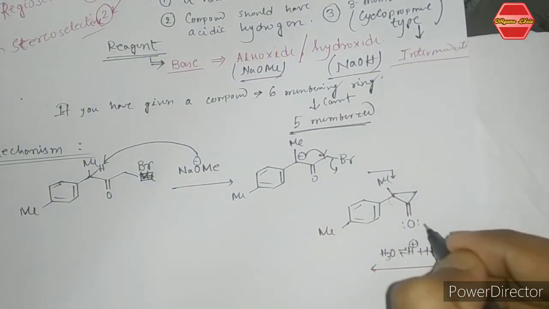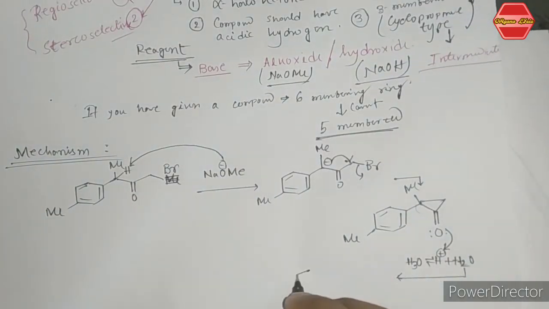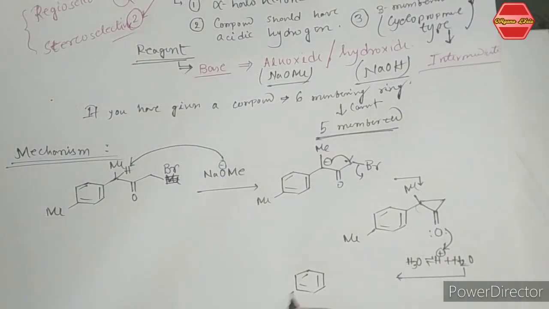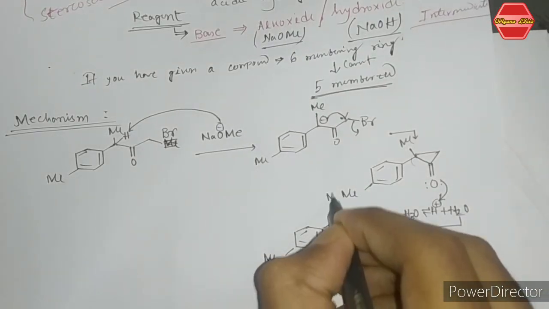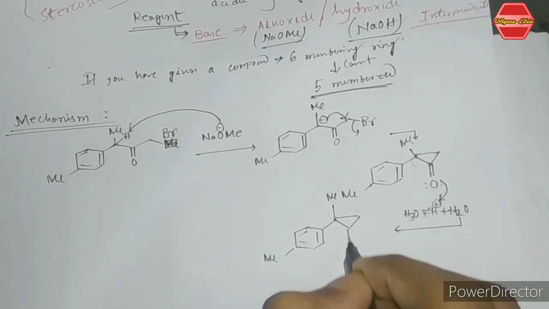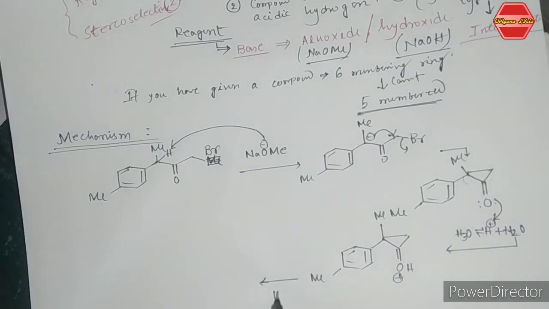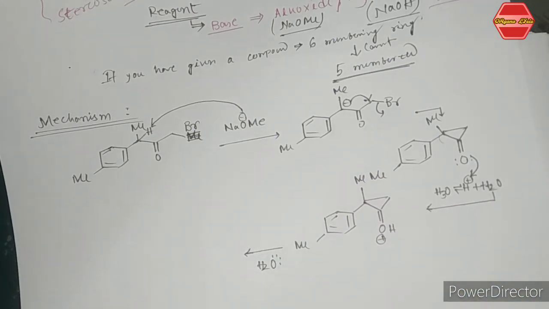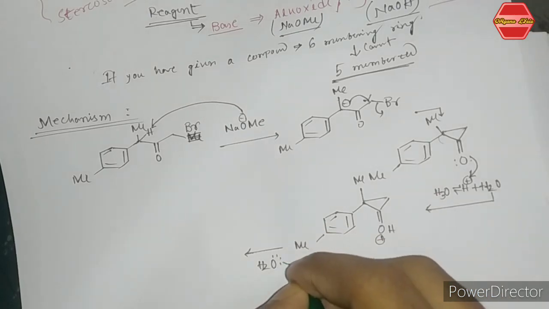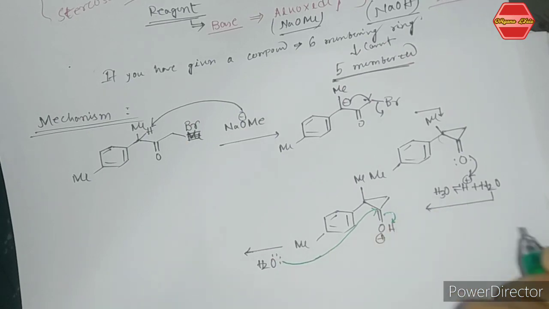And oxygen has a lone pair of electrons. It can abstract the proton from this side, and after that there is the formation of this compound. Now you have a free water with its lone pair of electrons, and it will attack on this carbonyl group, and these bonds go here.